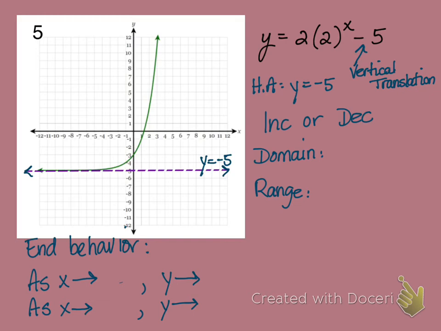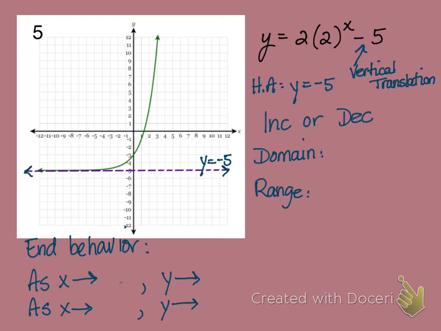All right, so the equation y equals 2 times 2 to the x, minus 5, has a vertical translation of negative 5, therefore giving us a horizontal asymptote of y equals negative 5. As you see, it's drawn already on our graph. Make sure you do that on your sheet as well.